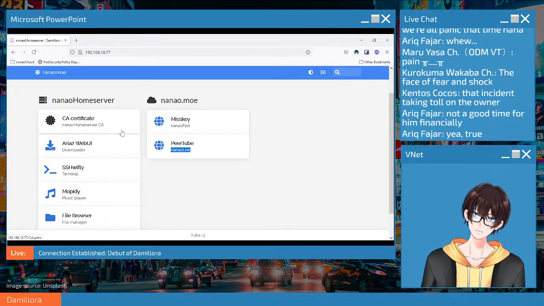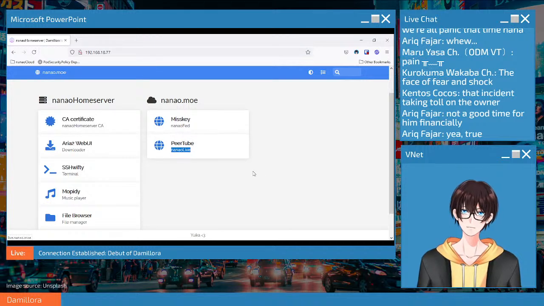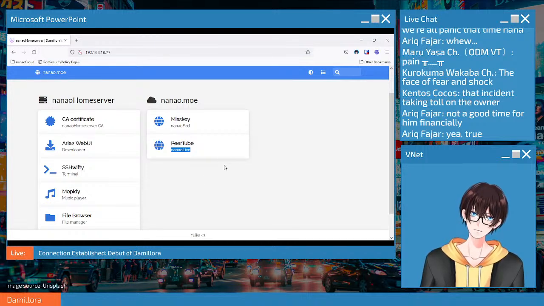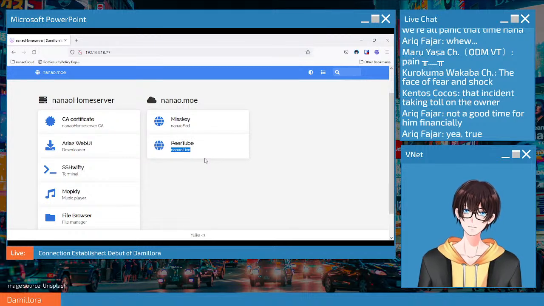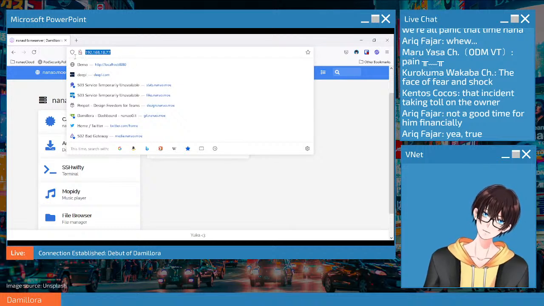I also set up a personal certificate authority in the past so that I can connect directly with HTTPS to my own services. But that doesn't work now due to that change, and I have to connect with an IP address now.